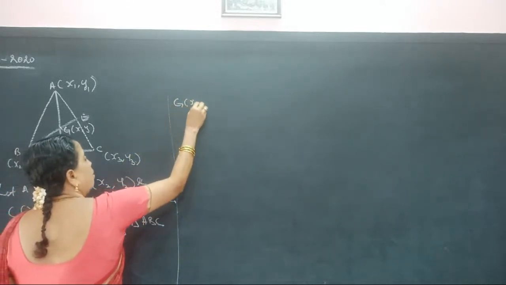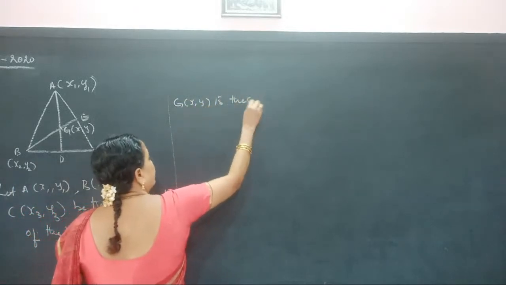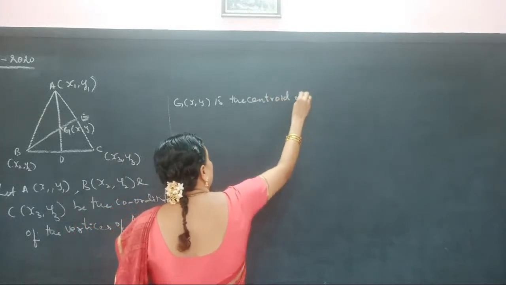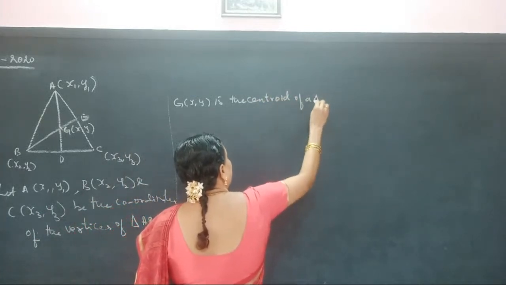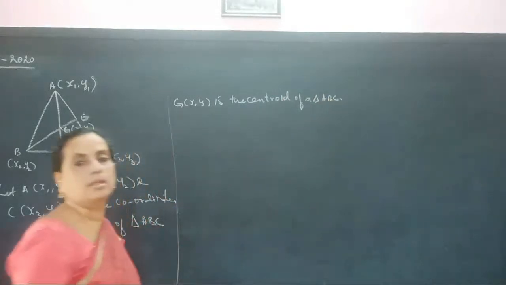G x comma y is the centroid of a triangle ABC. And we should know one of the properties.